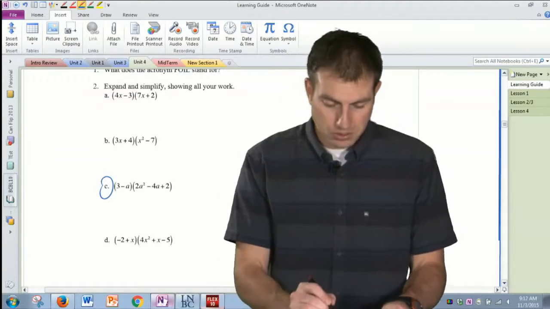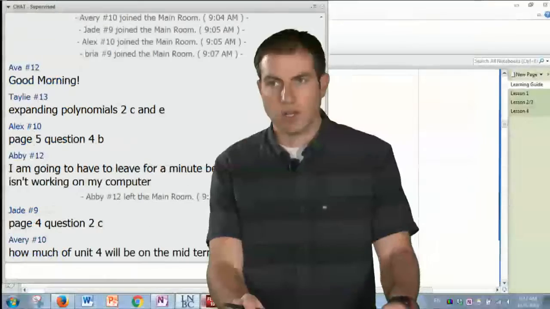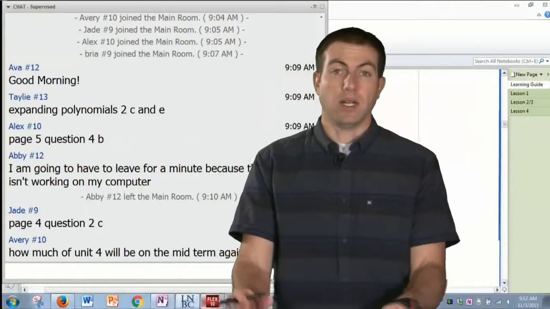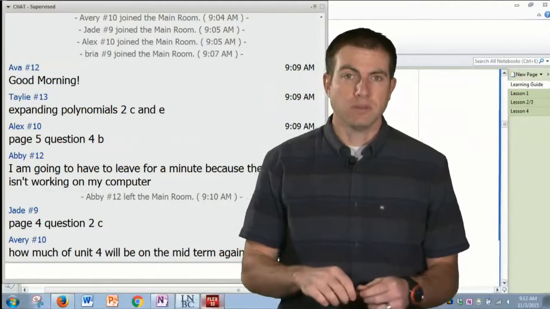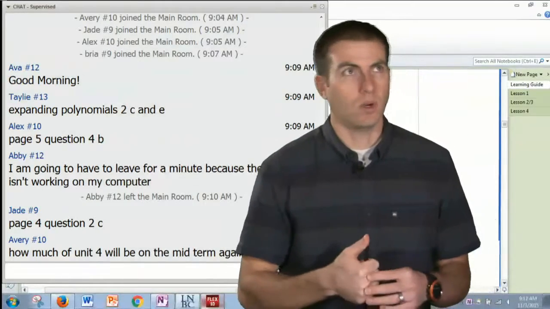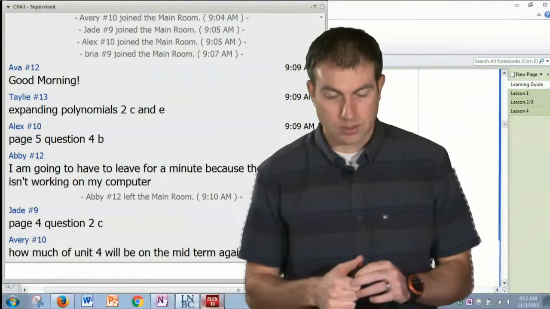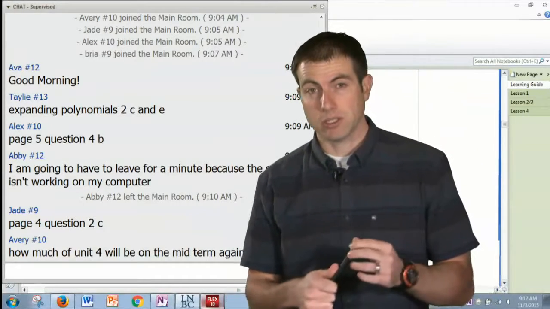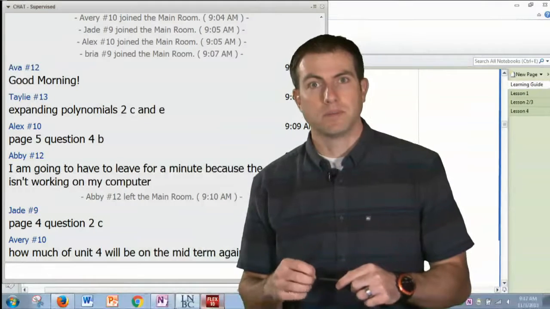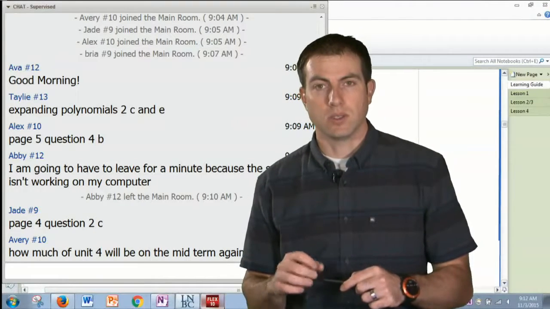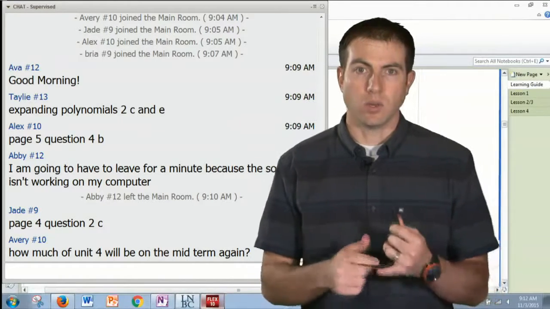Avery is asking a question about how much of Unit 4 will be on the midterm. So the stuff that we did last day, the stuff that I'm going to do right now, the expanding polynomial stuff, that's going to be on the midterm. I started making it yesterday, and I'm thinking it's going to be 25 questions, multiple choice, roughly 6 or 7 questions for each of the first few units, units 1, 2, and 3.